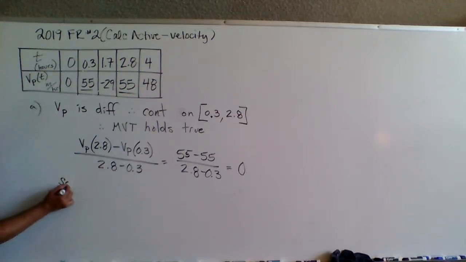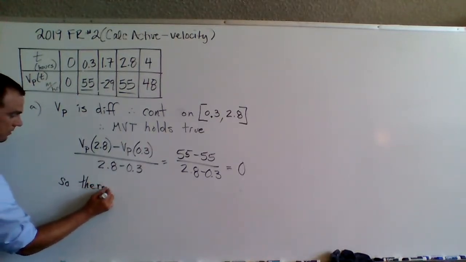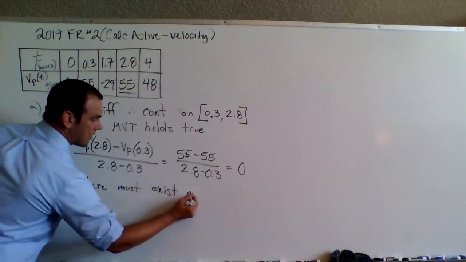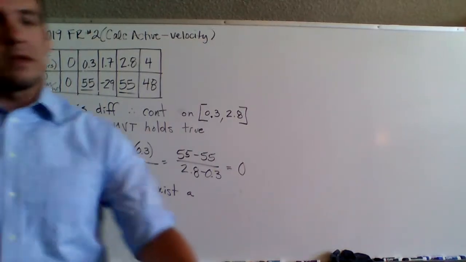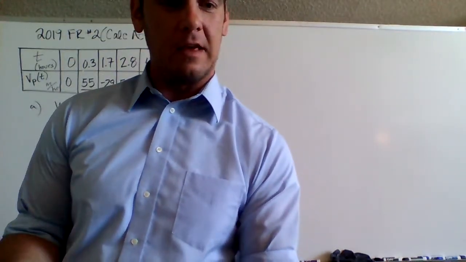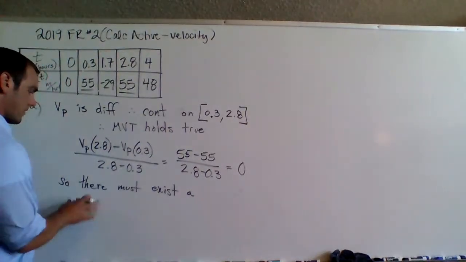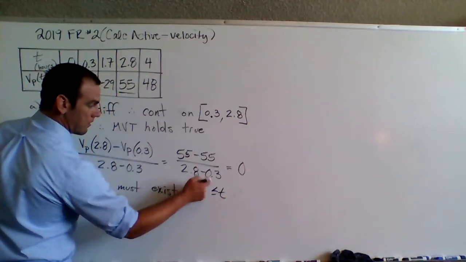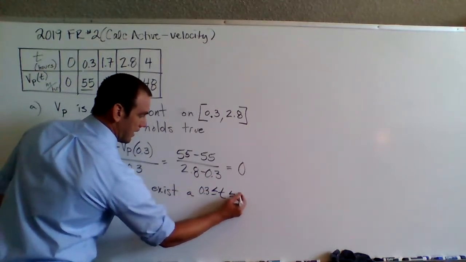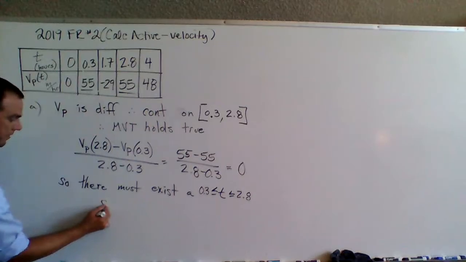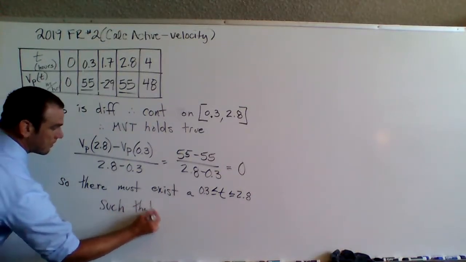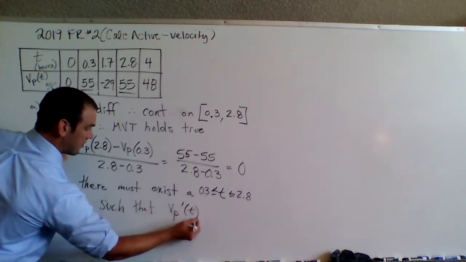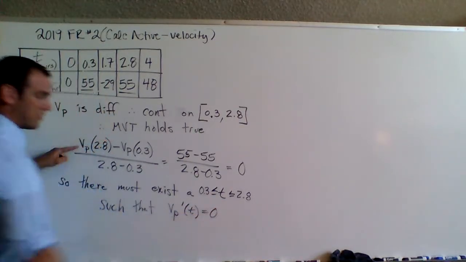So I'd say there must exist, and I think normally it's C, but here they're still using T, at least one time T. There must exist a T between 0.3 and 2.8 such that Vp prime of T is going to equal 0.